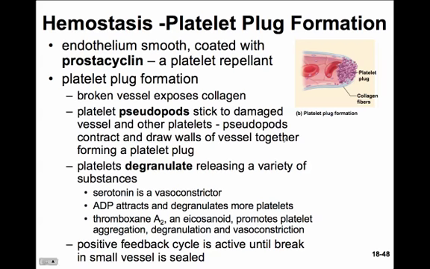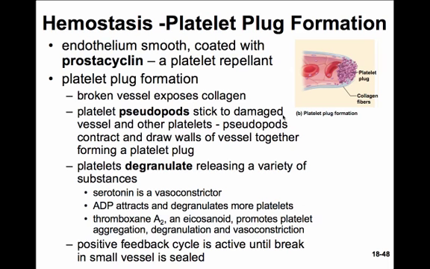The platelet plug formation is where we see the endothelium. So platelets do not adhere to the endothelium, the inner lining of the undamaged blood vessels, but when the endothelium is damaged, we'll see that it has collagen fibers in its wall. They don't have the protection of this prostacyclin protein.